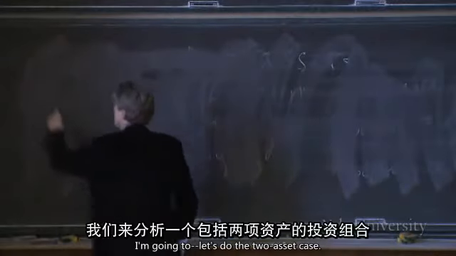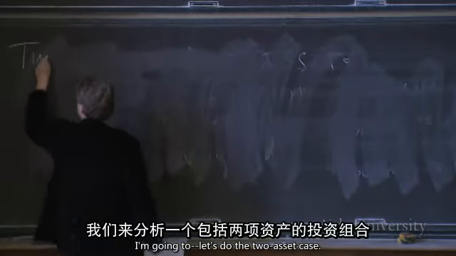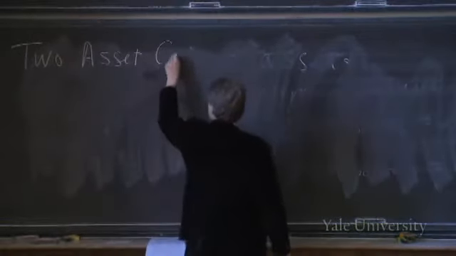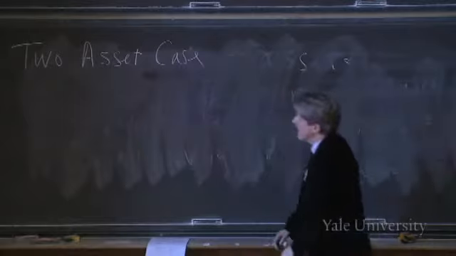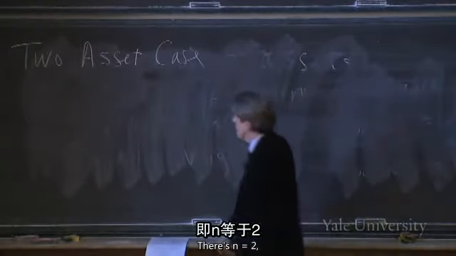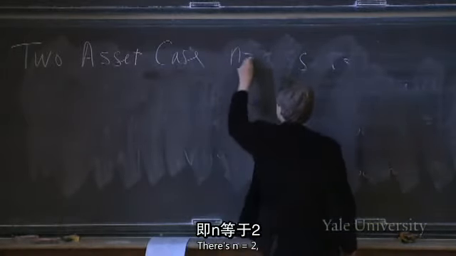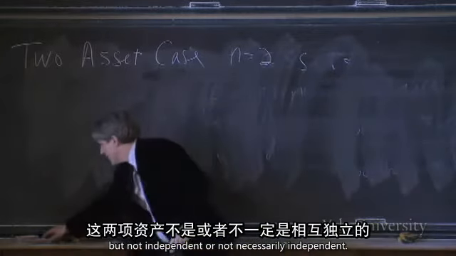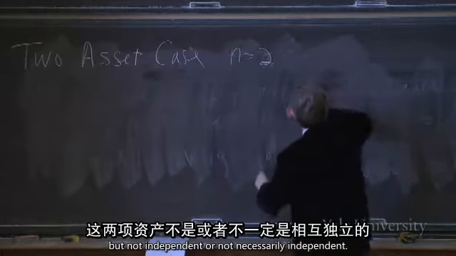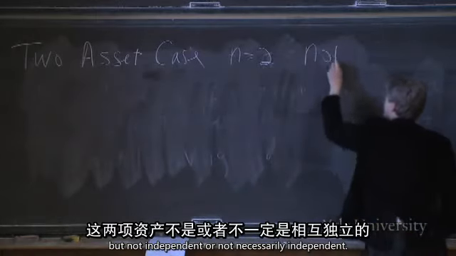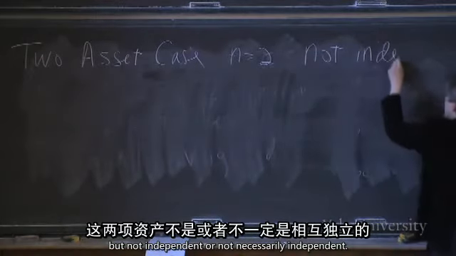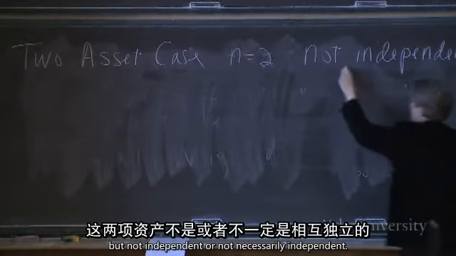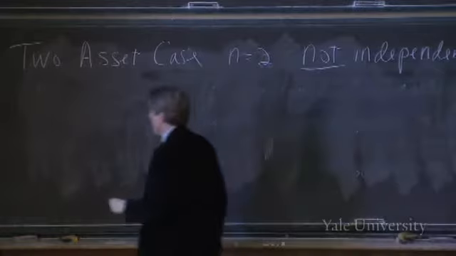Okay, so let's do the two-asset case, n equals 2, but not independent, or not necessarily independent.